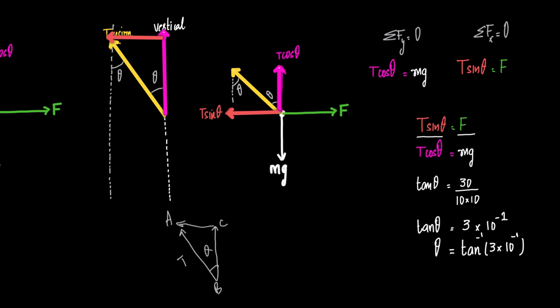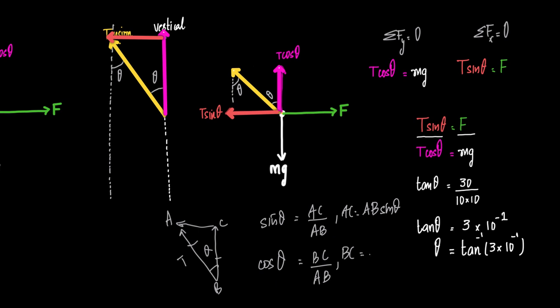And what is this angle? Theta. Now tell me, what is sin theta? Sin theta is opposite, which is AC, by hypotenuse, which is AB. Therefore AC is equal to AB sin theta. Similarly, cos theta is equal to BC by hypotenuse AB, and therefore BC is equal to AB cos theta.